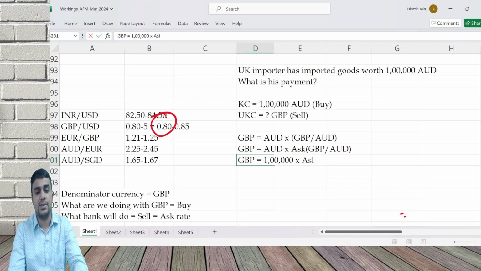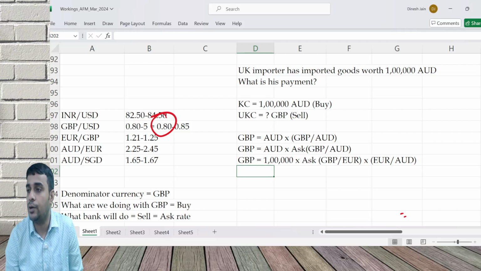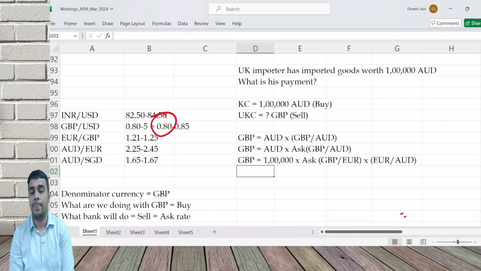So ask GBP by Euro into Euro by Australian dollar. I wanted Australian dollar to come in the denominator. There's nothing wrong in what you were saying earlier, but you will get stuck, so you'll have to repeat anyway.